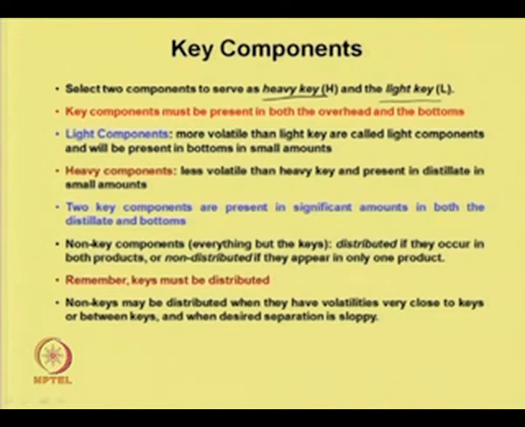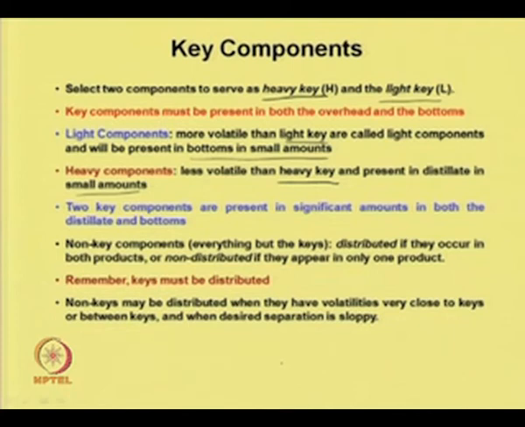Light components, the more volatile components with respect to the light key component, will be present in the bottoms in small amounts. Heavy components, which are less volatile compared to the heavy key component, will be present in the distillate in very small amounts. The two key components, heavy key and light key, are present in significant amounts in both the distillate and bottoms.